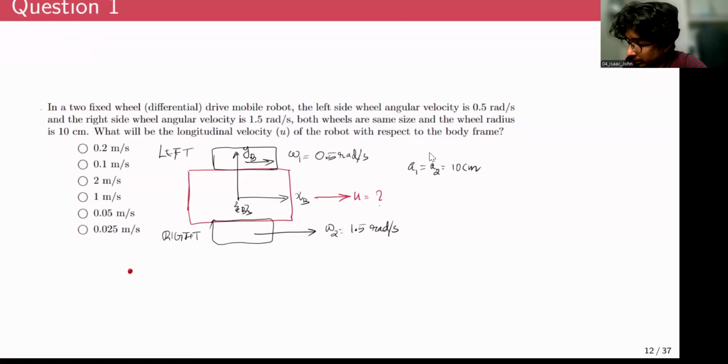because, if you consider this to be the center of wheel one, the velocity v1 as omega 1 times a1 is nothing but 0.5 multiplied by 10 centimeters. If you convert that into meters, it will be 0.1.